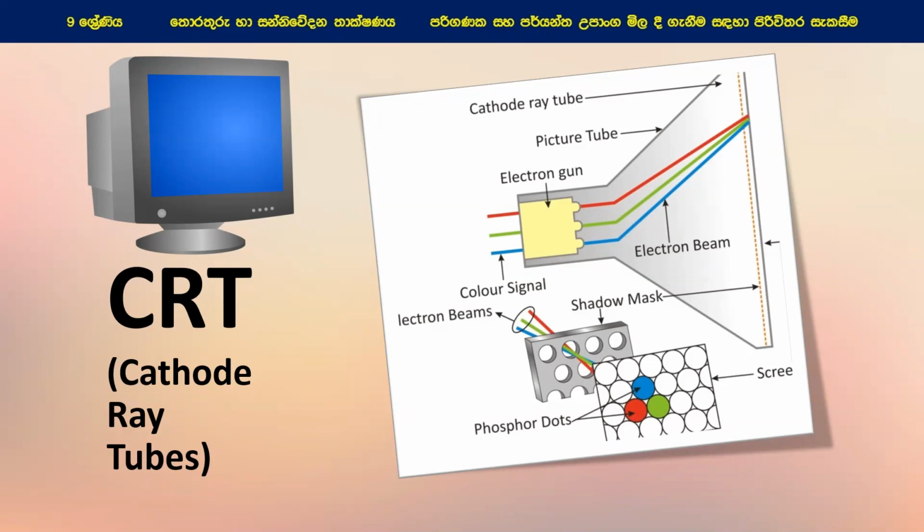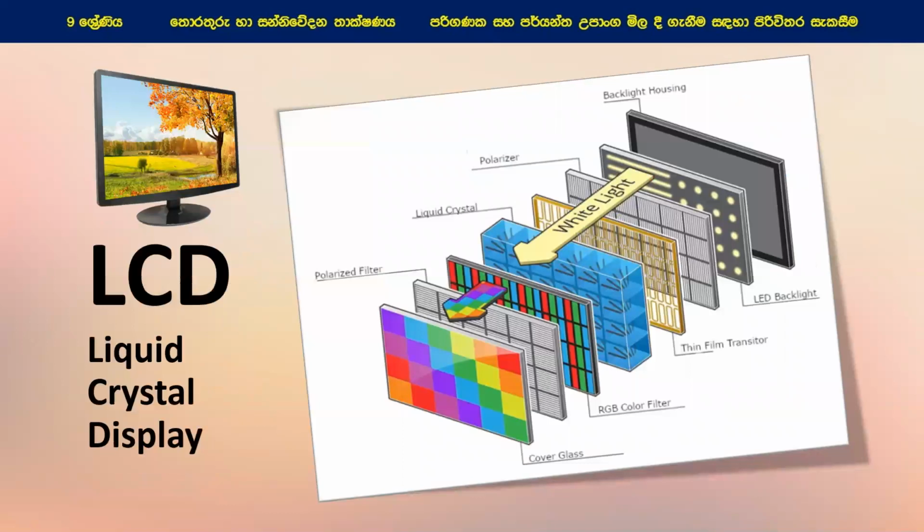The power consumption of it is huge compared to the other two monitors, which are the LCD and LED, right? So those are the things that you need to remember. So from the CRT, with technological advancement, they found the monitor which we call LCD, liquid crystal display, right?